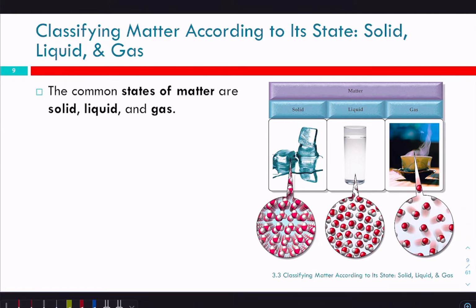Stay hydrated. And hopefully it's got some ice in it if you like ice water. So our 3 common states of matter, because there are more, the common ones that we're going to talk about are solids, liquids, and gases. We've seen water in all 3 of those. Other things can exist as solids, liquids, and gases as well, though. Actually, I would say anything under the right conditions could be a solid, a liquid, or a gas.